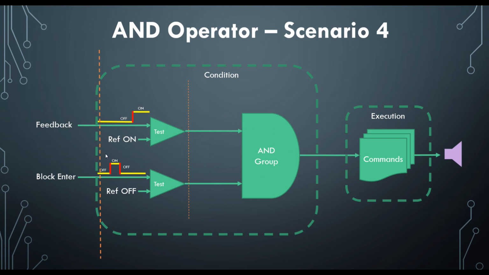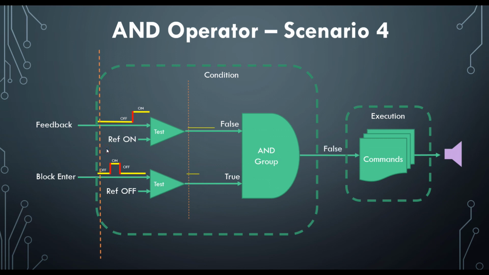So this time that means that this output will be false because they're different, but this is off and the reference is off, so the output of this test will actually be true because remember the tests are comparing to check if the two inputs are the same state. Off and off are the same, so this is true.